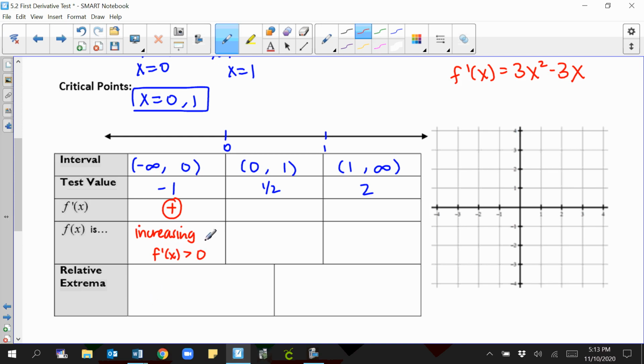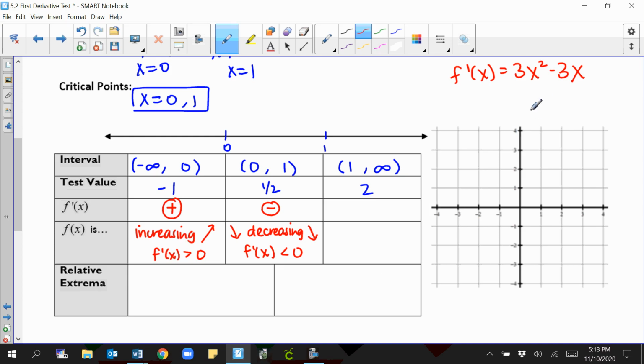So that means that we are increasing right here. Now if I plug in 1/2, 1/2 squared is 1/4, so then I'm looking at 3 over 4 minus 3 over 2. So 3/4 minus 3/2 is going to give me a negative number. So I'm going to say that this is negative. So my function here is decreasing because f prime of x is less than 0. So I'm going to put my arrows that it's decreasing.